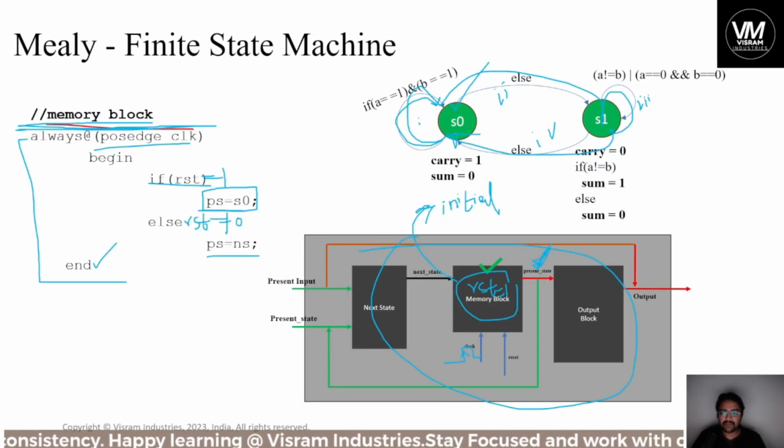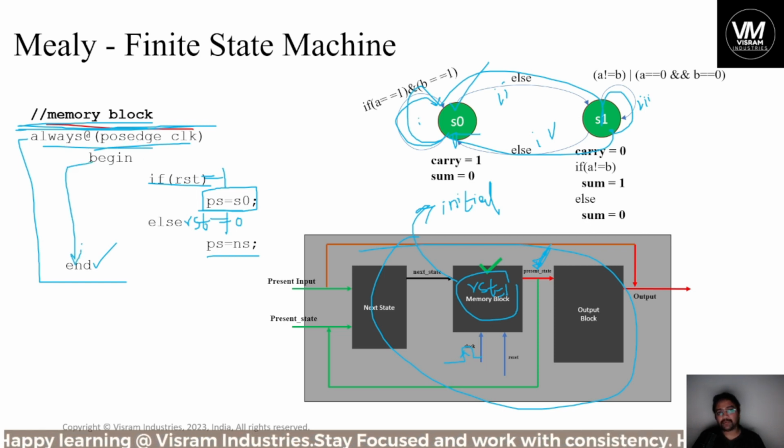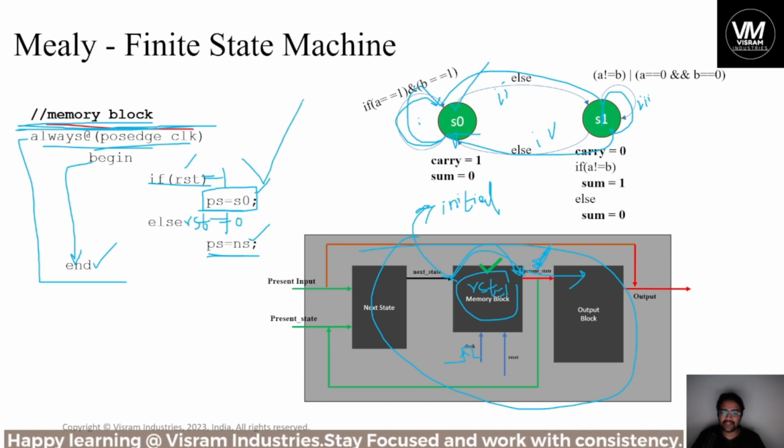Then for the memory block, always at the rate of clock, begin and end the process. If reset, present state is 0, else present state is next state. Whatever next state is given to the memory can be taken here, and that goes to the output block. Even in Mealy or Moore, the memory block implementation is the same. It's common. You should remember this for ease of writing.